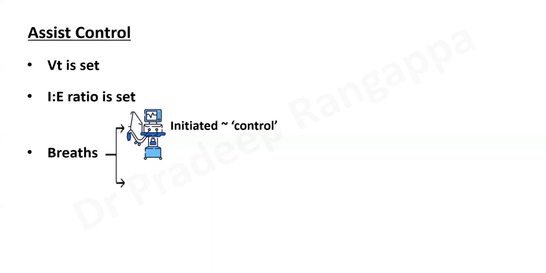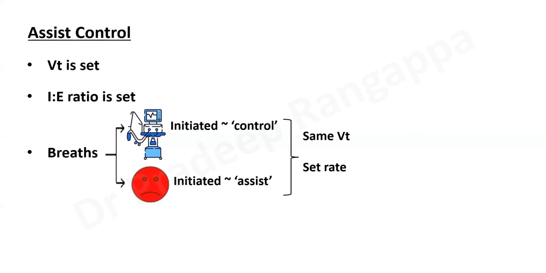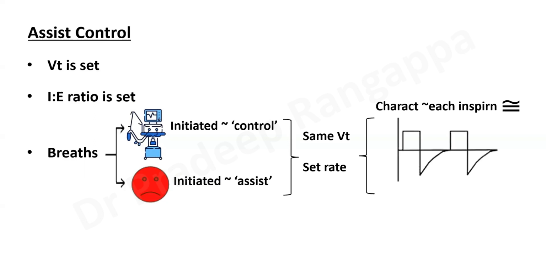In assist control, the breaths initiated by the ventilator are called control breaths, and the breaths initiated by the patient are called assist breaths. Whatever breath is given, the same tidal volume and same set rate is provided by the ventilator, and the characteristic of each breath is very similar. That is the typical thing that happens in assist control.